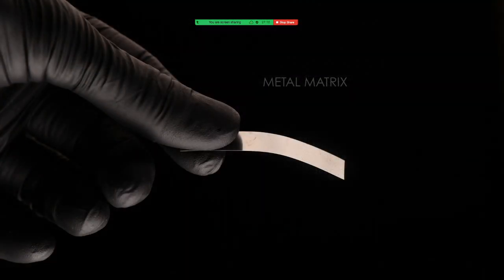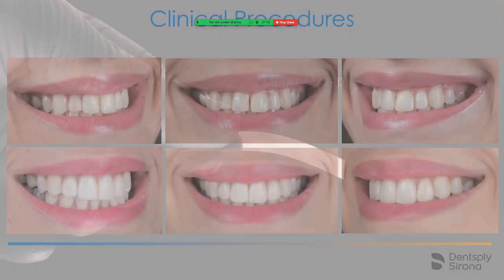You have to make sure of the fitting of the inlay and notice if you have gaps or not. If there's some space between the surface of the restoration and the tooth, you can fill it with a micro brush and cement it. This is the metal matrix that I use.